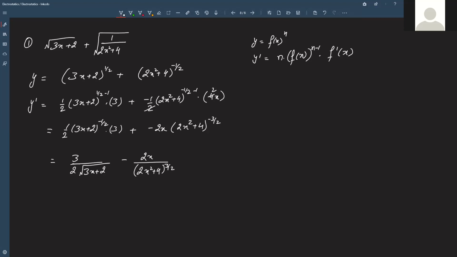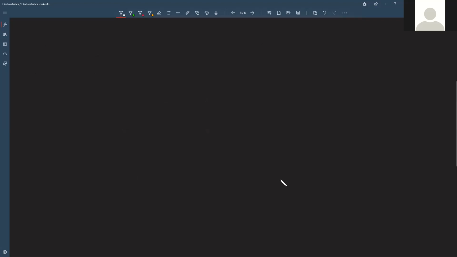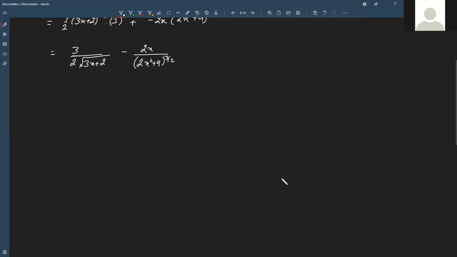Now the next function is y is equal to e to the power secant square x, plus 3 cos inverse x. Now you should know all the formulas, right?